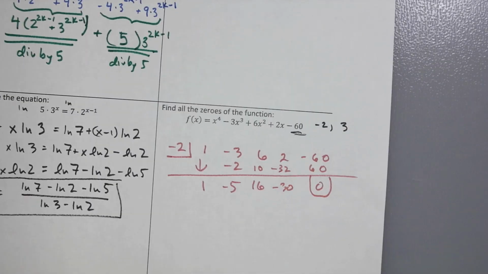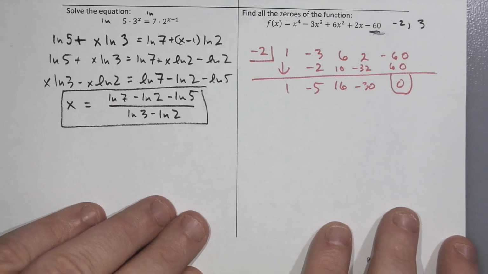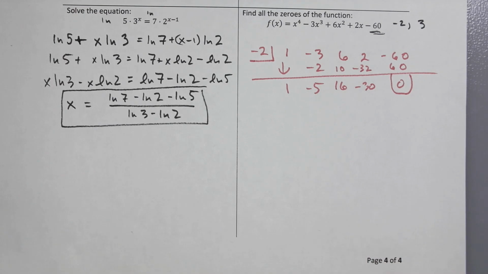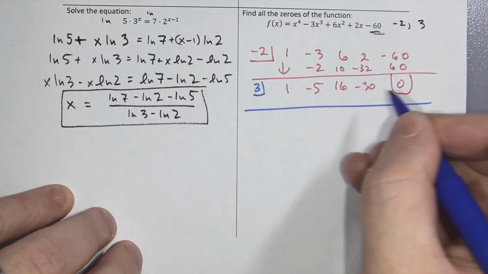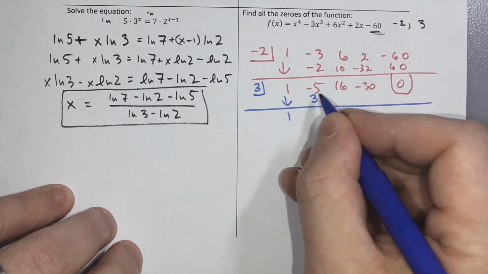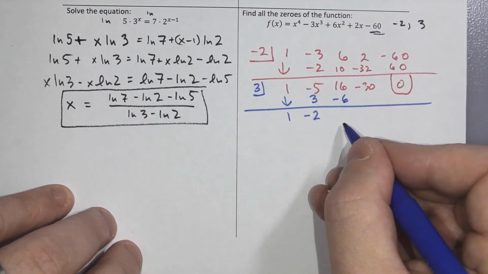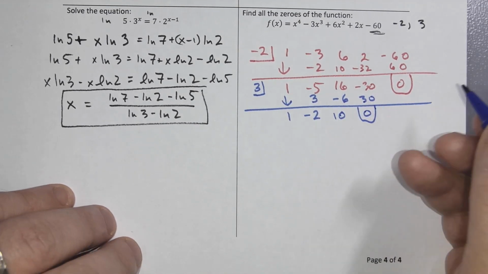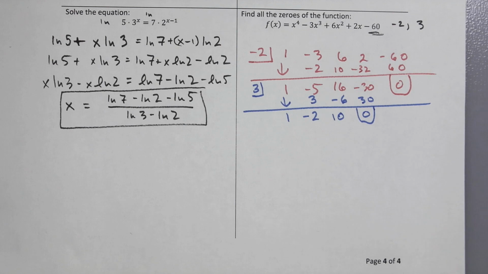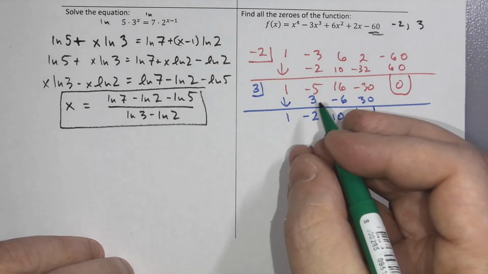Yes, it does. And then let's go see if 3 goes in. And so 1, 3, -2, -6, 10, 30. Yes, it does.